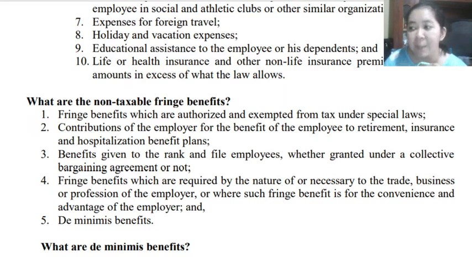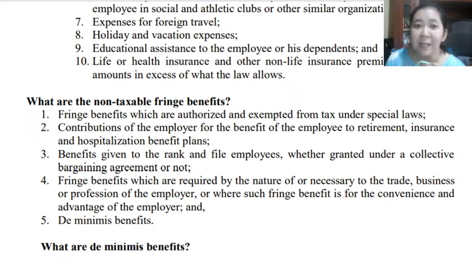Meaning, the employer really needs to provide this fringe benefit so that the employee can render their services for the benefit of the employer. If that is the nature of the fringe benefit, then that can be non-taxable.